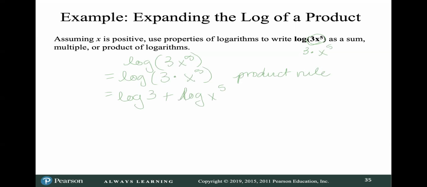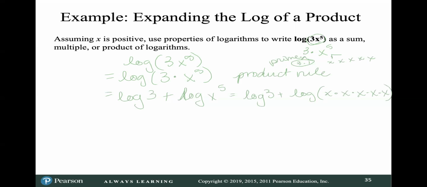Okay, so now I'm going to take a closer look at 3. 3 is just 3 times 1. It's already prime, so we can't simplify that anymore. x to the 5th, though, is 1, 2, 3, 4, 5 factors of x. And so we can write this as log of 3 plus log of x times x times x times x times x.